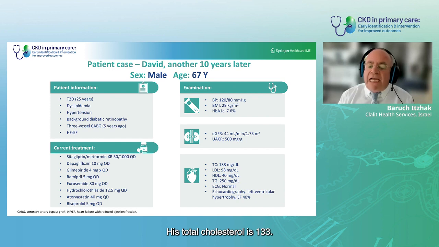His total cholesterol is 133. His LDL cholesterol 98, HDL cholesterol 40, triglyceride 250. His ECG is normal, but again, in his echocardiography, you can see left ventricular hypertrophy and an ejection fraction of 40%.